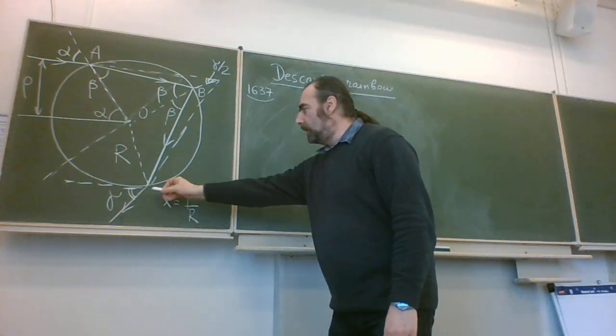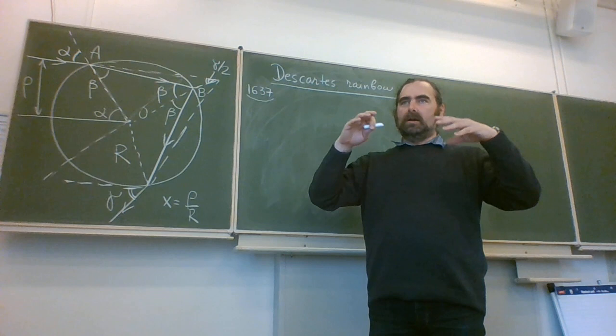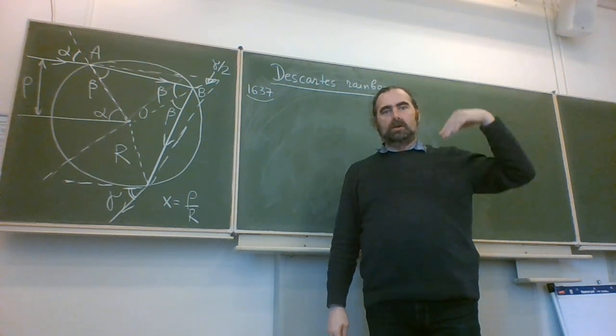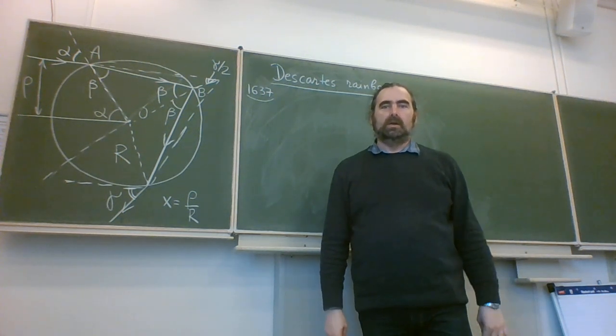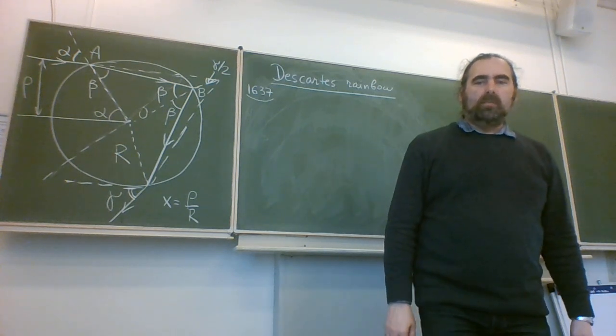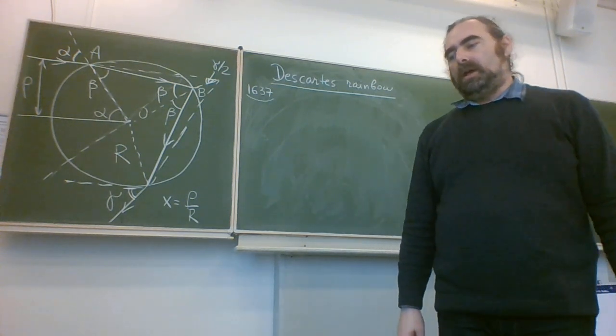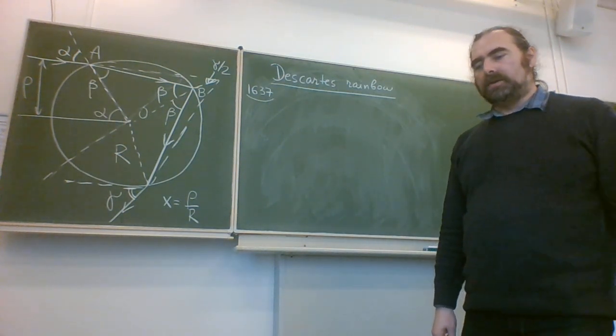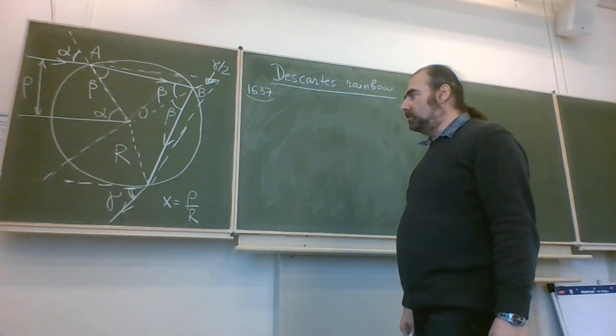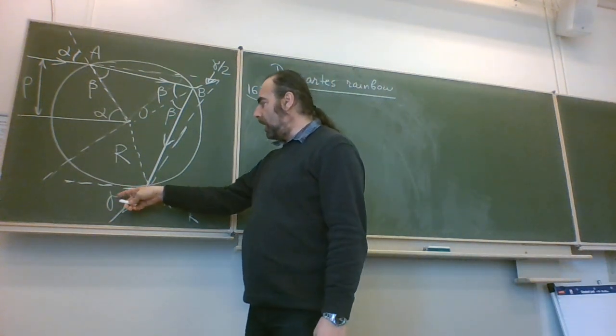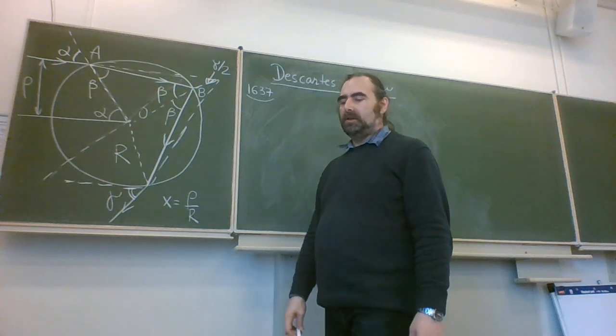So this angle gamma is exactly the angle at which the sun is over the horizon. So when we say the rainbow is not higher than 42 degrees, it means that this angle gamma is not higher than 42 degrees.